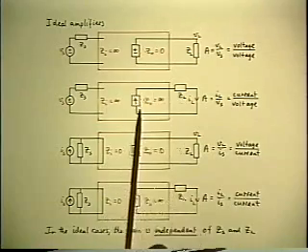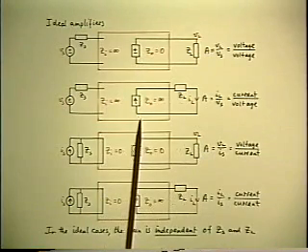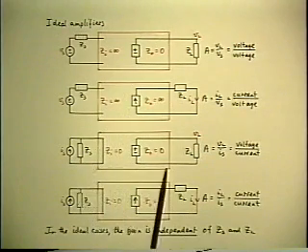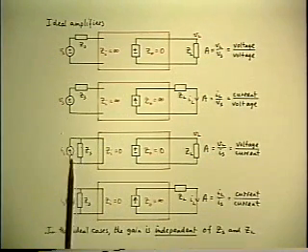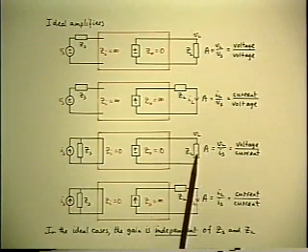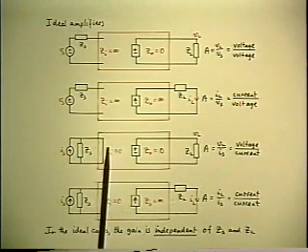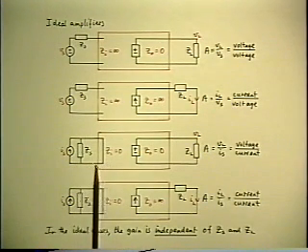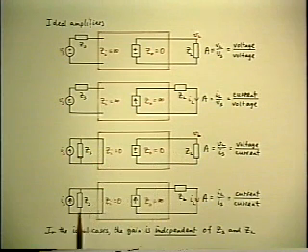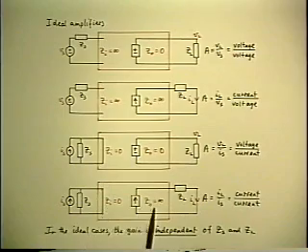In other words, you'd need an ideal current generator at the output with infinite impedance. And, of course, the other two are simply the other combinations. If the input signal is defined as a current, Is, and the output is a voltage, then the ideal amplifier would have to have a zero input impedance. It would have to do current summing, in other words, and a zero output impedance. And finally, the ideal current-to-current amplifier would have to have zero input impedance and infinite output impedance.